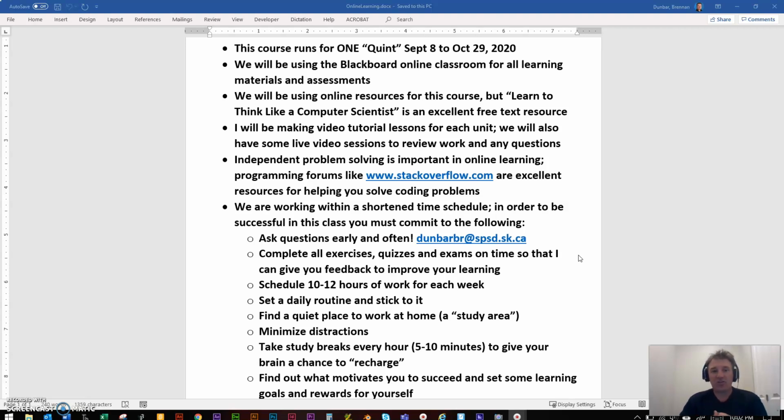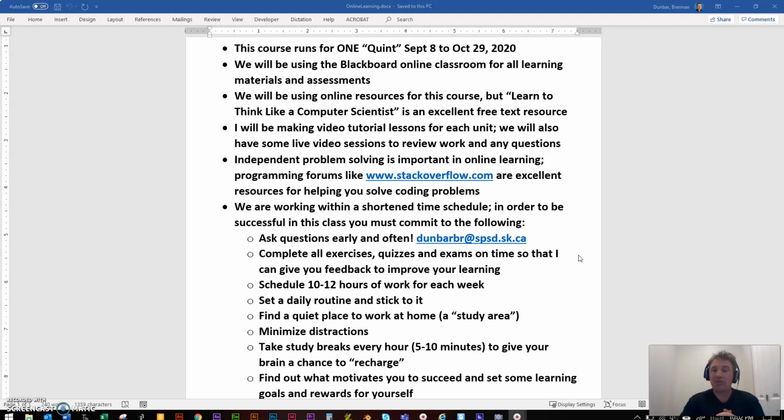Make sure you schedule, I'm going to say 10 to 12, maybe 15 some weeks, depending on how quickly you gravitate toward the information or understand the information and the concepts. 10 to 12 hours a week. In a normal school year, this class would run for one semester, 1 hour a day, so it'd be 5 hours a week. But we're working in a compressed time frame. Really, you should only be doing 2 classes right now.